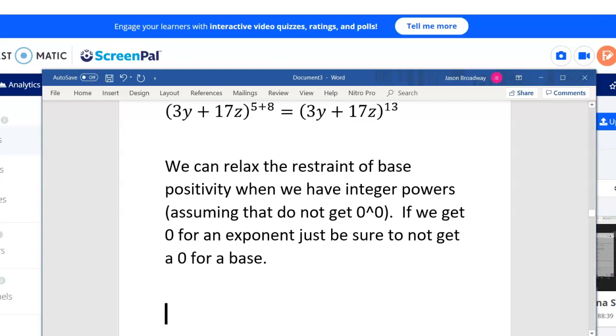Any other base is fine, right? But let's not get too theoretical. If we get 0 for an exponent, we want to be sure to avoid 0 for a base, basically.